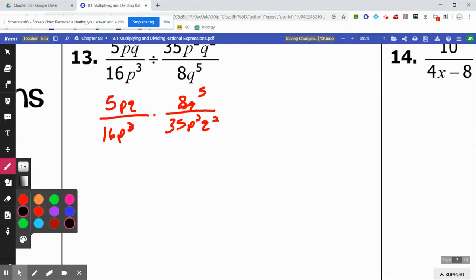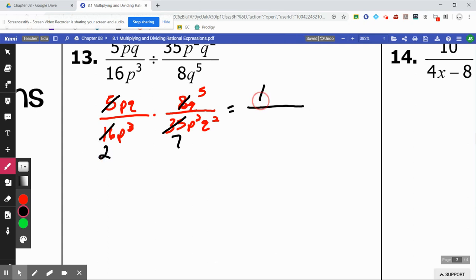And then do the exact same thing we just finished up with. Since these are monomial terms, cancel out each piece. 8 and 16 leaves you with a 1 and a 2, so you're left with 1 on top and a 14 on bottom. Let's count our p's and q's. There's only 1 p on top, but there are 6 q's.